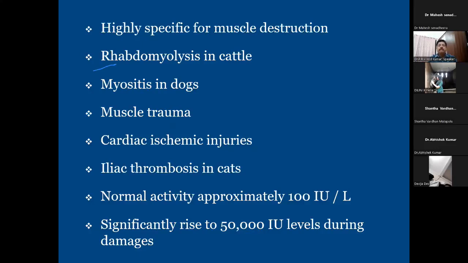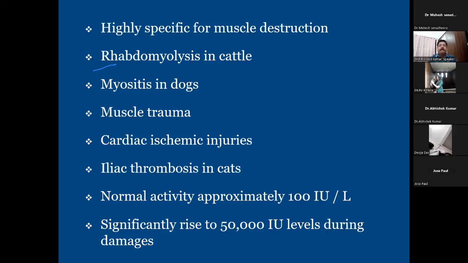Then myositis in dogs. Severe myositis occurs in leptospirosis. Severe masticatory myositis in dogs: there will be severe inflammation of the temporalis, the masseter muscles, and the digastricus muscles. These are all chewing muscles, the masticatory muscles.